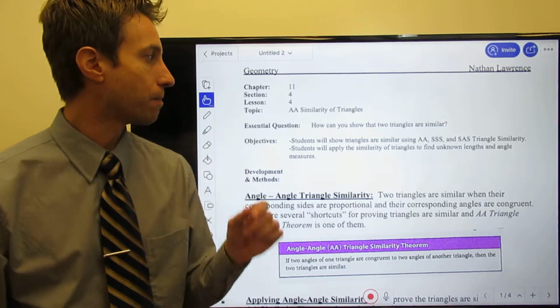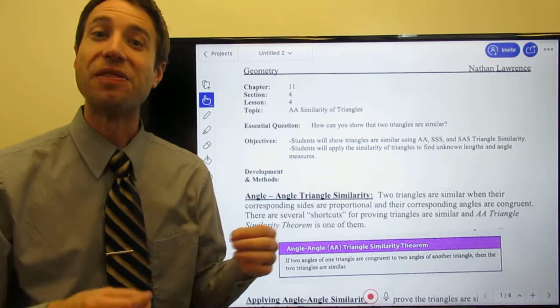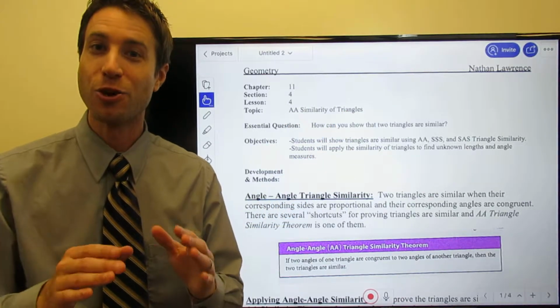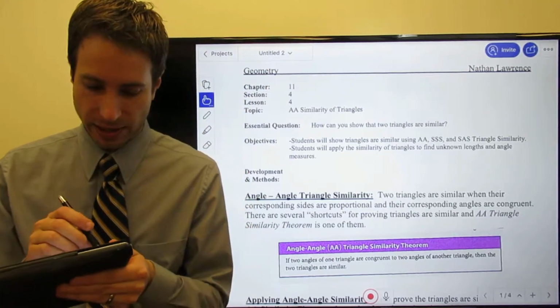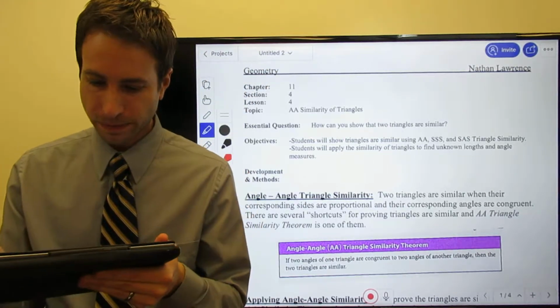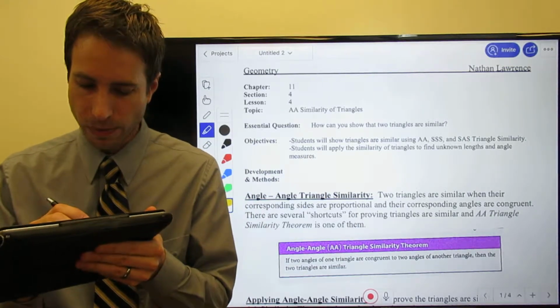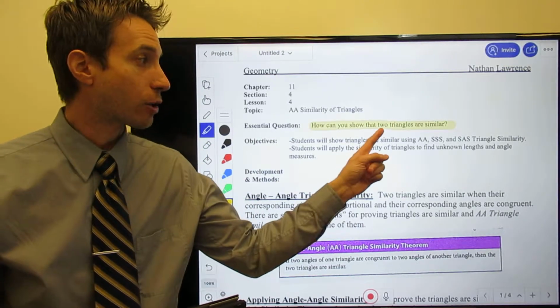And it turns out that for triangles, there are some shortcuts. So how can we show that 2 triangles are similar?